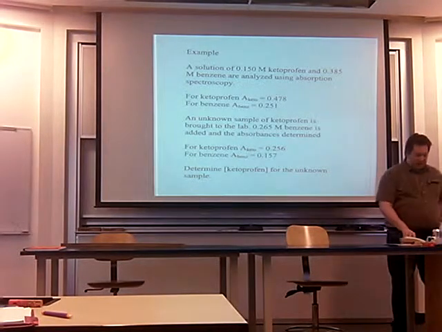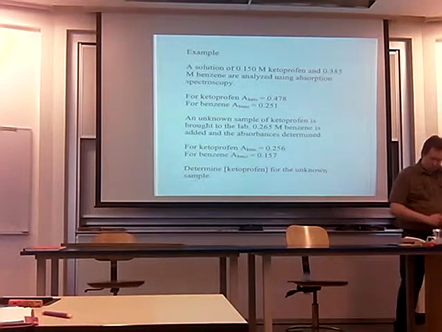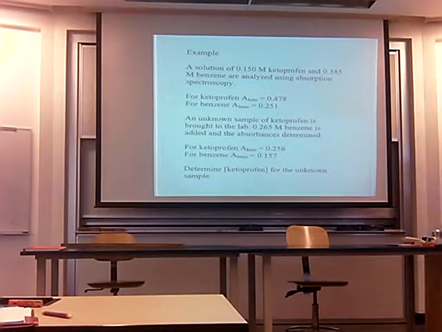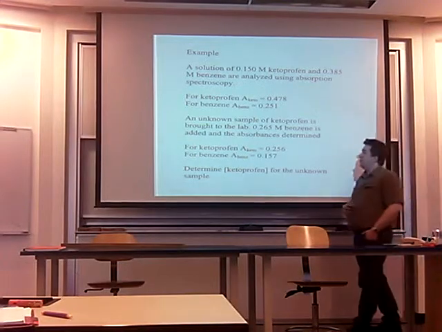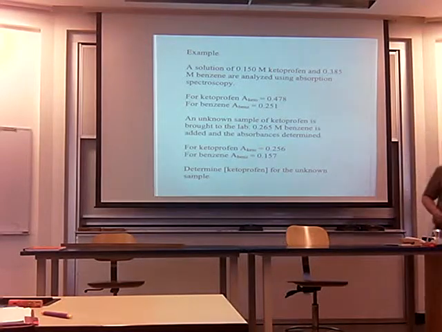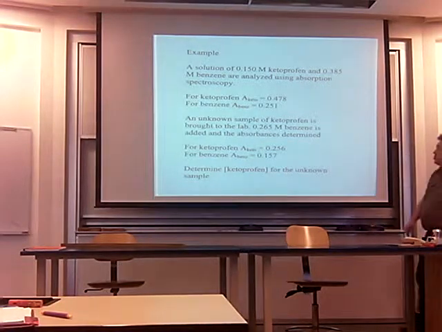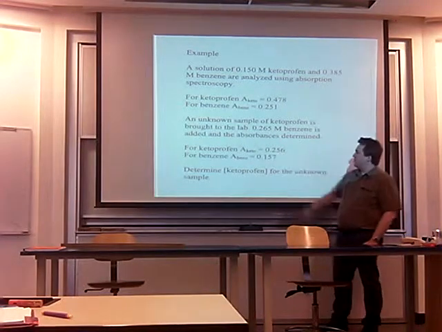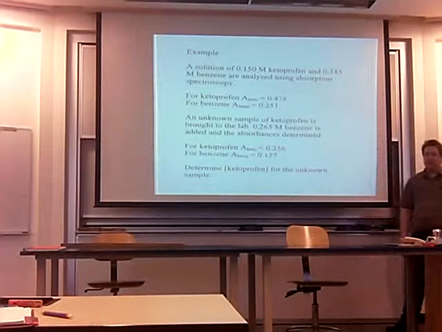An unknown sample of ketoprofen is then brought to the lab and mixed with some internal standard benzene at 0.265 molar. Everything the lab does for the sample is done, any reactions or cleanup, chromatography, whatever. And we now measure the ketoprofen at 0.256 absorbance and the absorbance for the unknown benzene at 0.157.